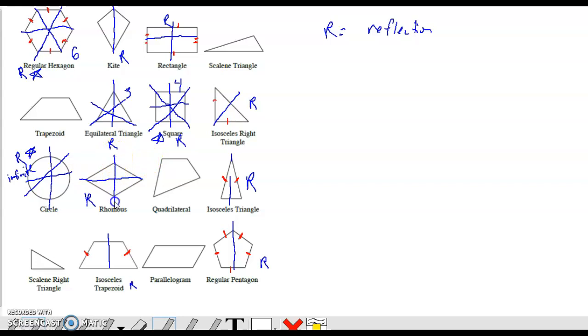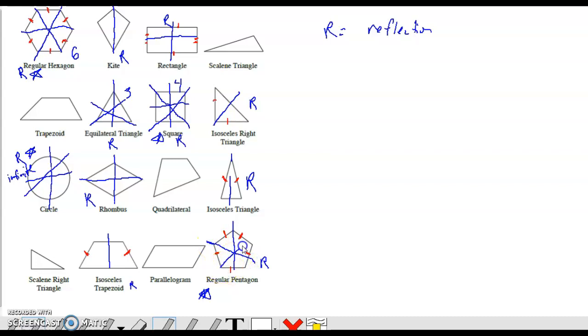Rhombus, it only has 2, so no more, no less, only 1 right here, only 1 right here. And then a regular pentagon. So I'll star this guy as well. So again, I went straight down the middle. I can go from our side, so I can go from this end over here.